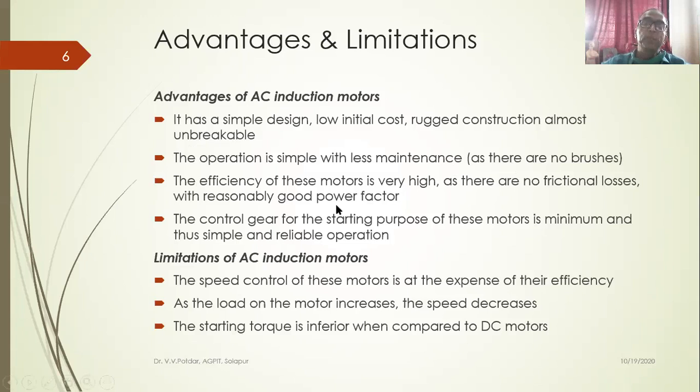The efficiency of these motors is very high, as there are no frictional losses, with reasonably good power factor. Power factor, we'll discuss it later. The control gear for the starting purpose of these motors is minimum, and we can obtain simple and reliable operation through AC induction motors.